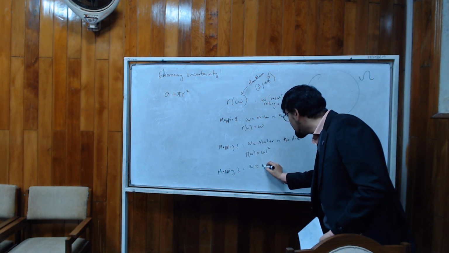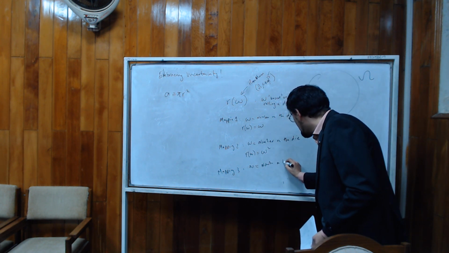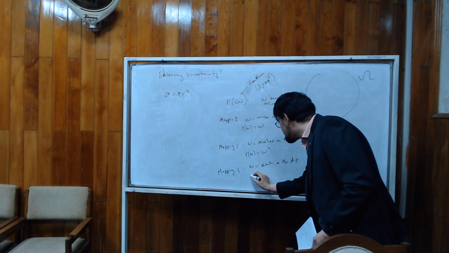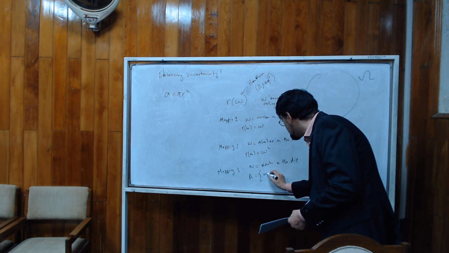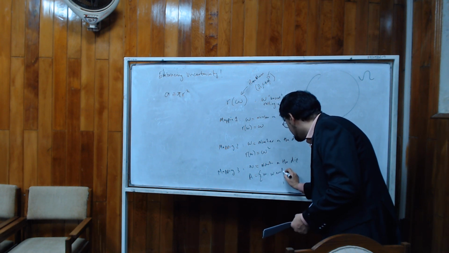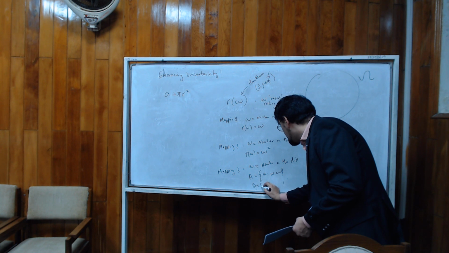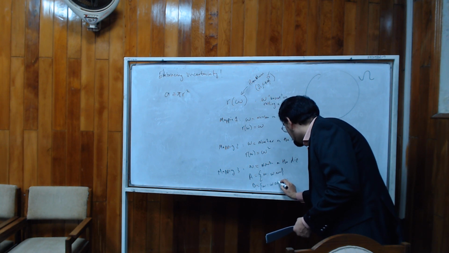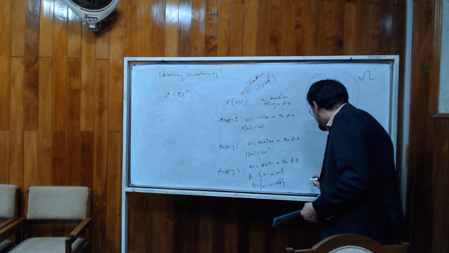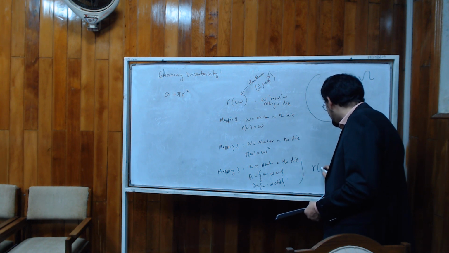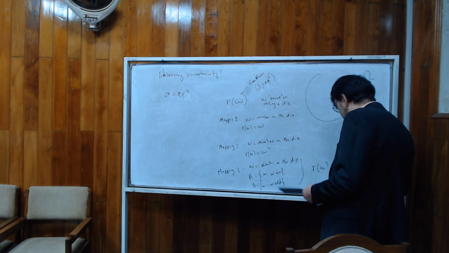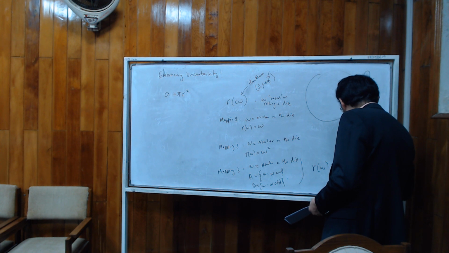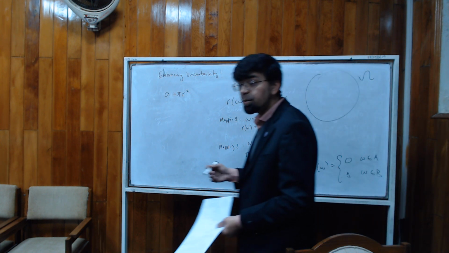Now I say omega is the number on the die, and A is omega such that omega is even, and B is omega such that omega is odd. This is still a basic mapping. Then I say R(omega) equals 0 if omega is in A, and 1 if omega is in B. So mappings can turn out to be complicated also.